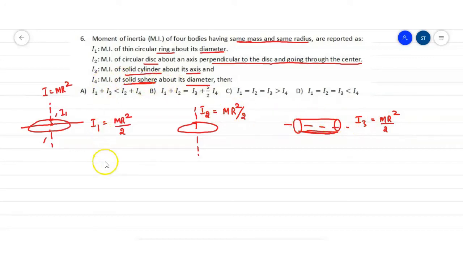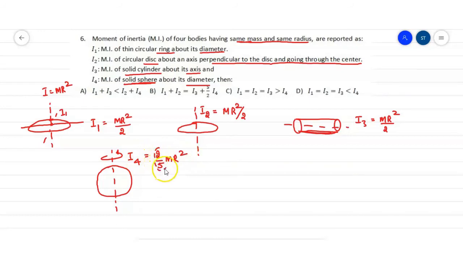Now let us see about I4. I4 is about a solid sphere about its diameter. Means about any natural axis here. All are diameters for a solid sphere. So the moment of inertia of solid sphere about natural axis is given as 2 by 5 mr square.